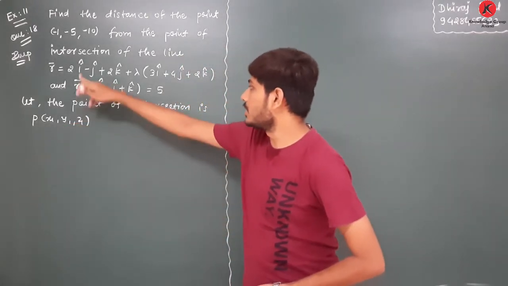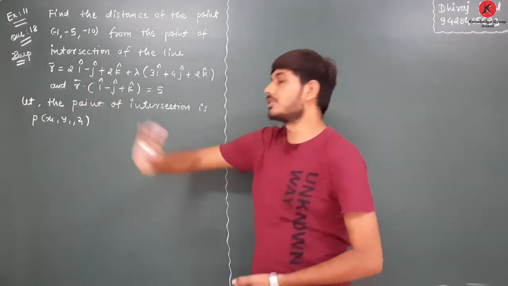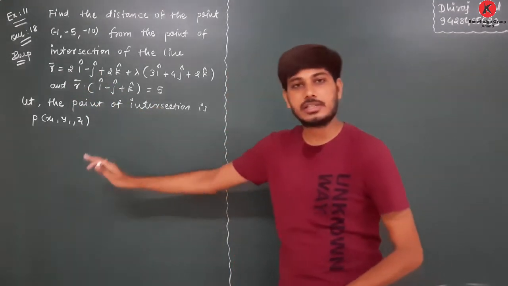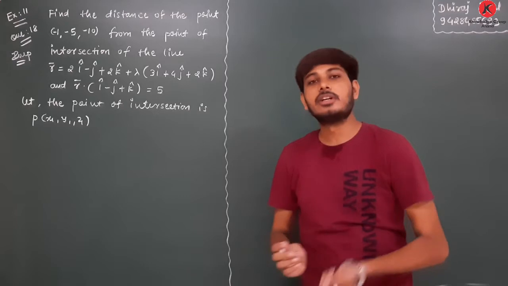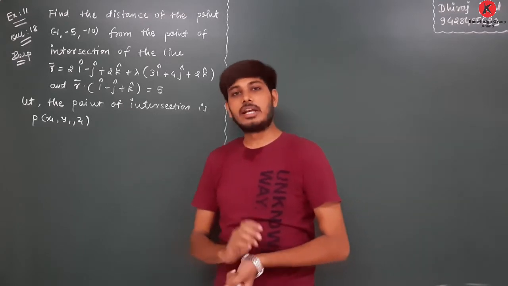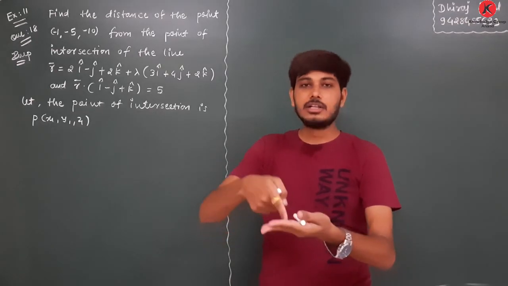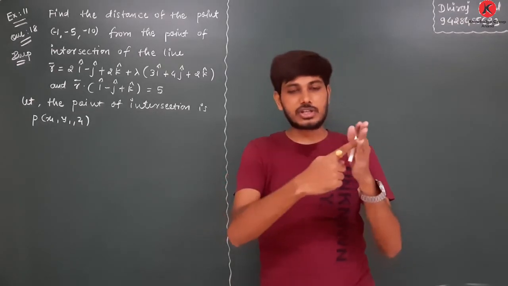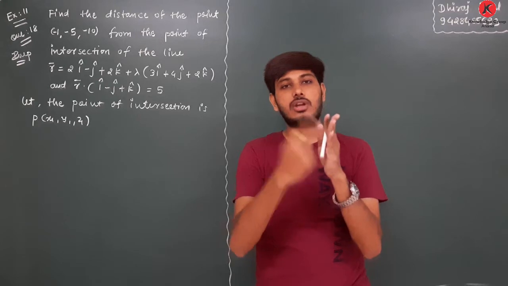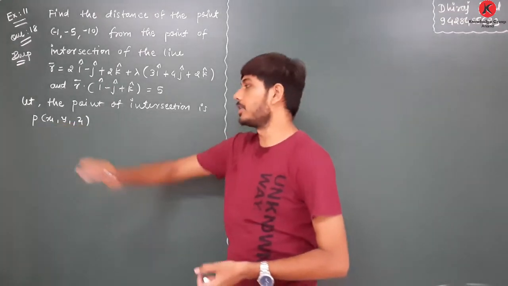This point is on the line as well as on the plane because it is the intersection of line and plane, and the intersection of a line and plane is always a point. This is the plane, this is the line. The intersection of this plane and line is always a point and we have to obtain that point.